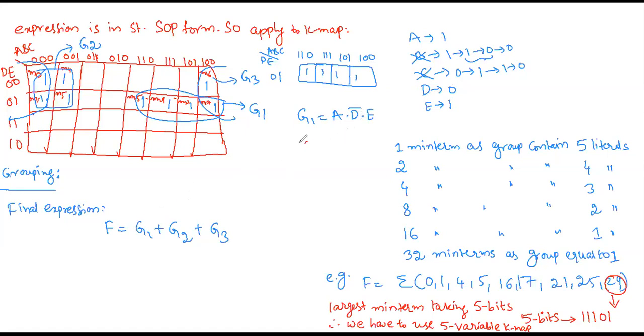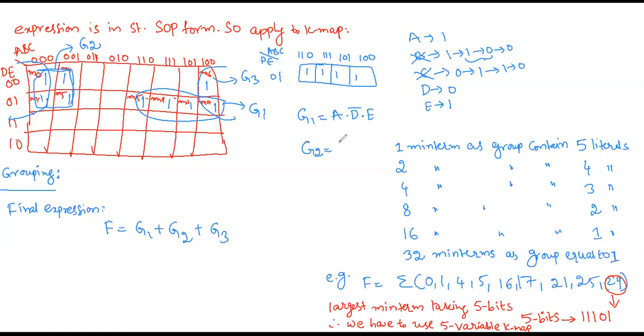Similarly, write the expression for G2. Look at the square box and identify which variables have constant values. Along this group, A value is constant, that is 0.